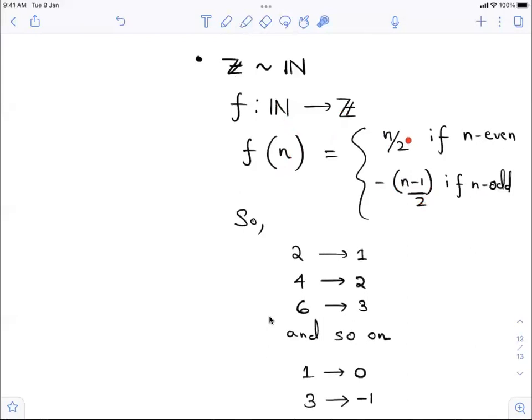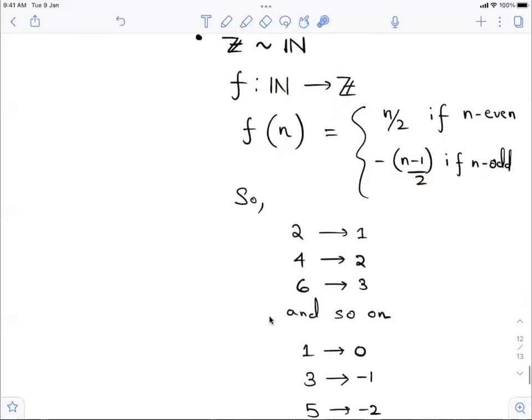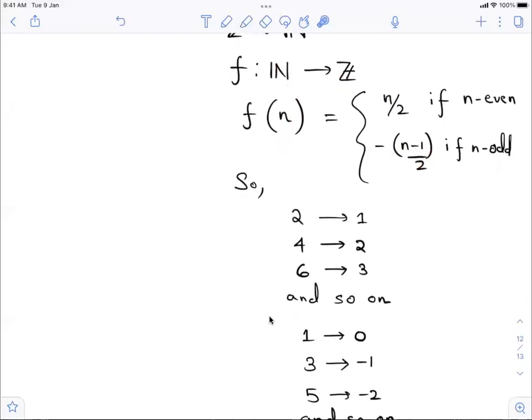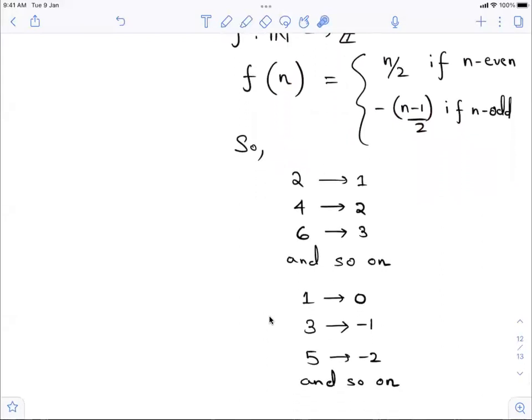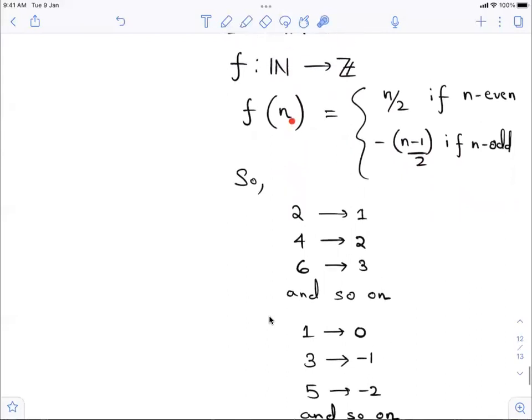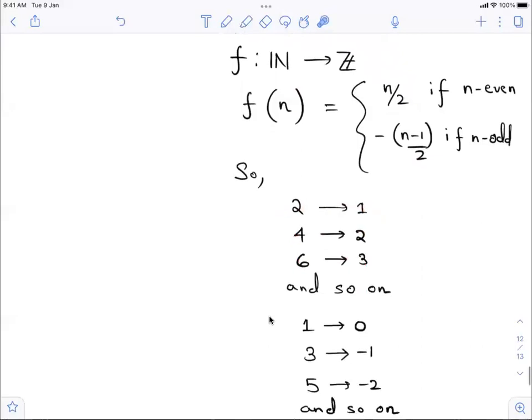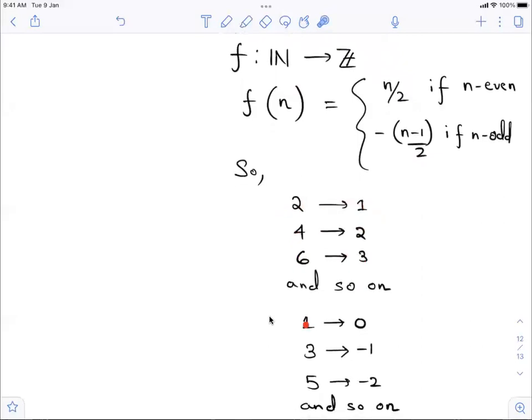So if we put in the first few values of n, you will find exactly the picture that we are trying to present here. By this map, 2 is going to 1, 4 is going to 2, 6 is going to 3, and so on. On the other hand, for the odd numbers, 1 is going to 0, 3 is going to minus 1, 5 is going to minus 2, and so on.